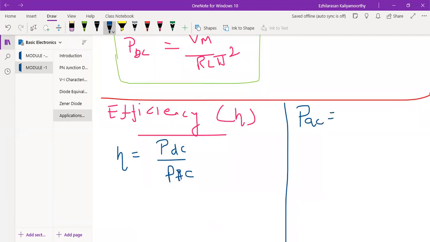Correct? So the PAC is nothing but PD plus PR, power delivered plus power received.